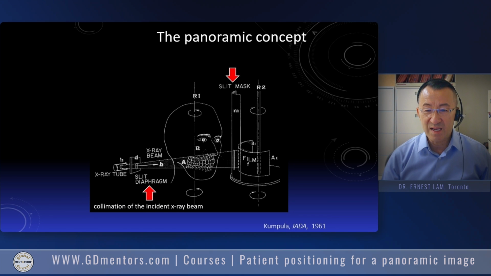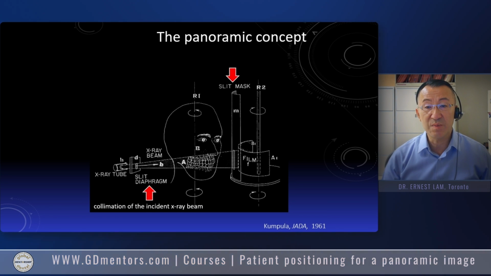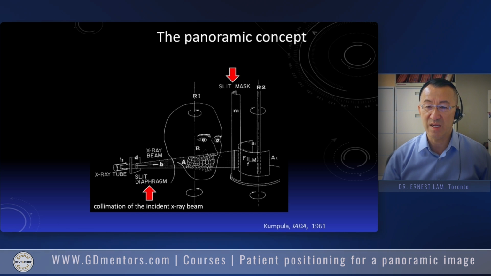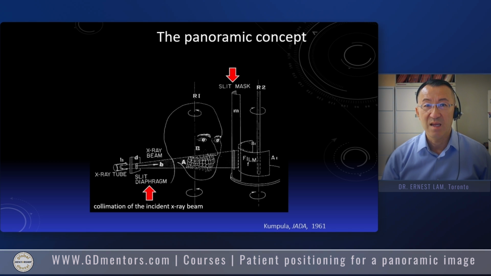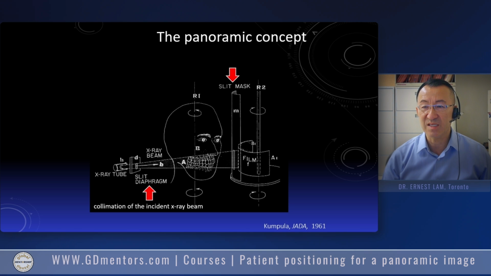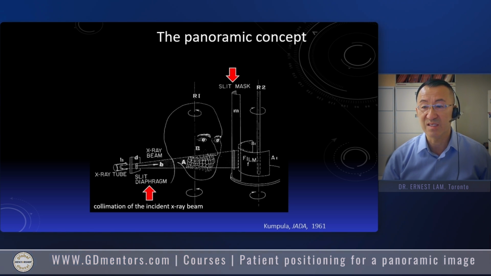As the X-ray beam exits the X-ray tube, the X-ray beam is collimated and a slit X-ray beam is created before it passes through the patient. After the X-ray beam exits the patient, the beam enters a second slit or collimator before the information is deposited on the receptor.